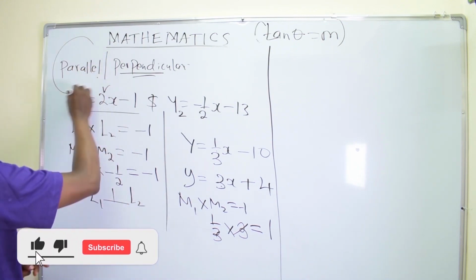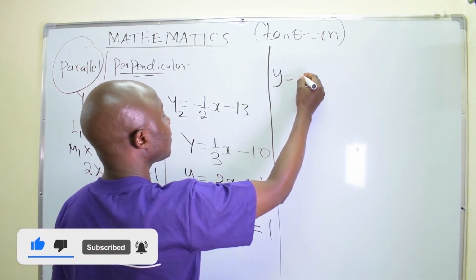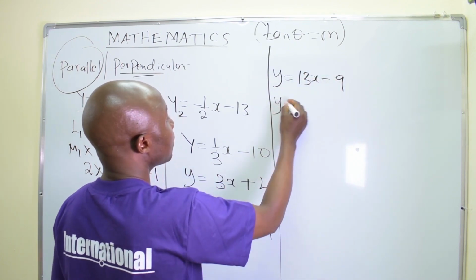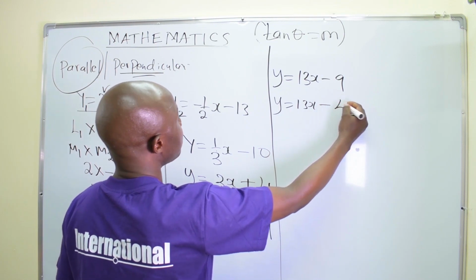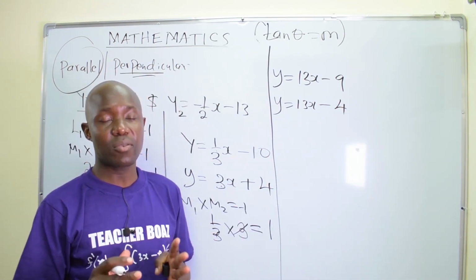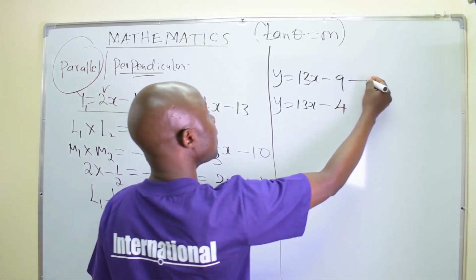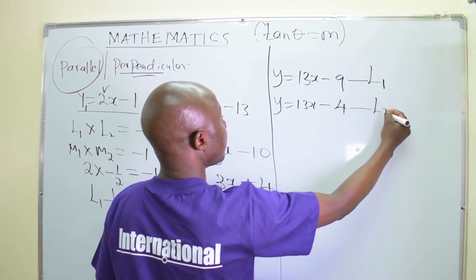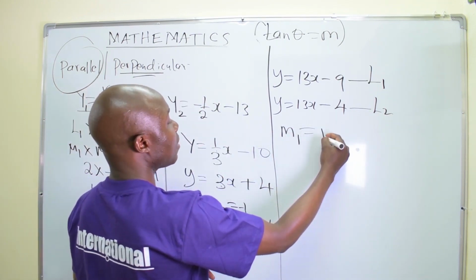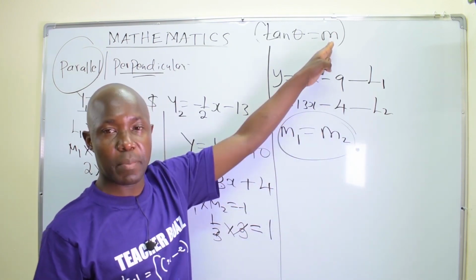When we talk about parallel lines, an example, somebody giving you y is maybe 13x minus 9, y is 13x minus 4. What we need to check to prove that two lines are parallel is their gradients. If this is your line 1 and this is your line 2, the gradient of the first line must be equal to the gradient of the second line in order for the two lines to be parallel.